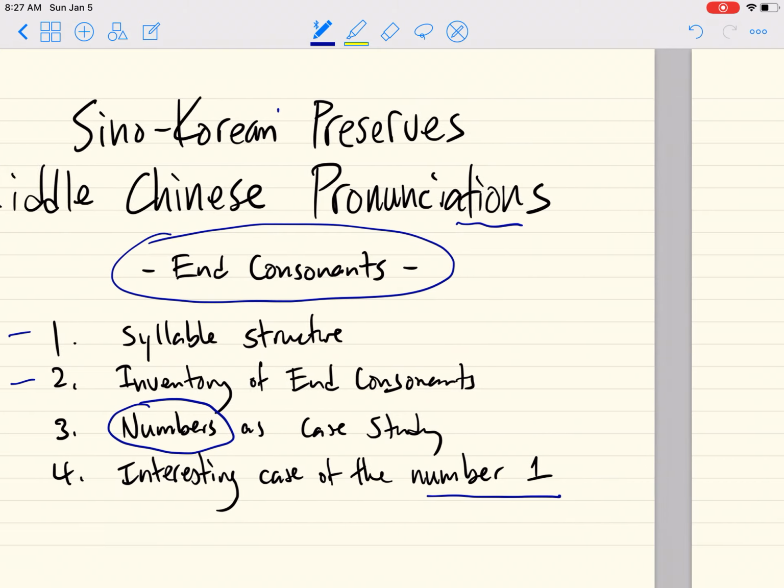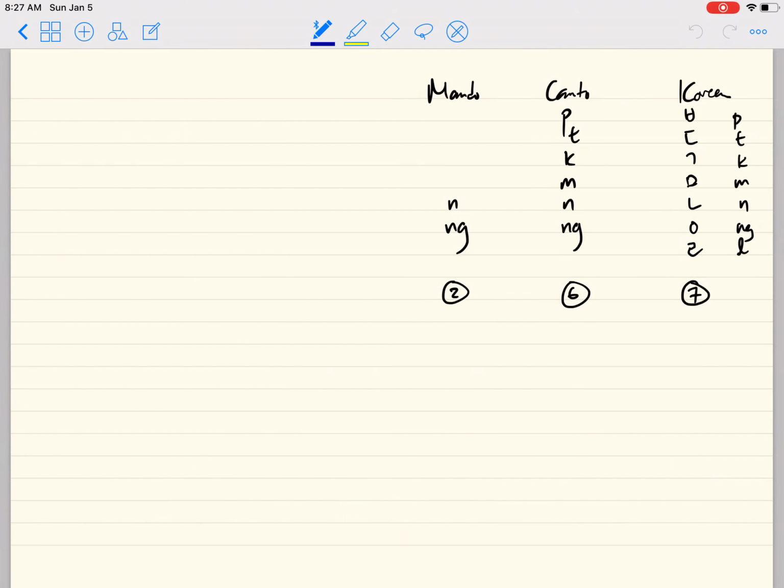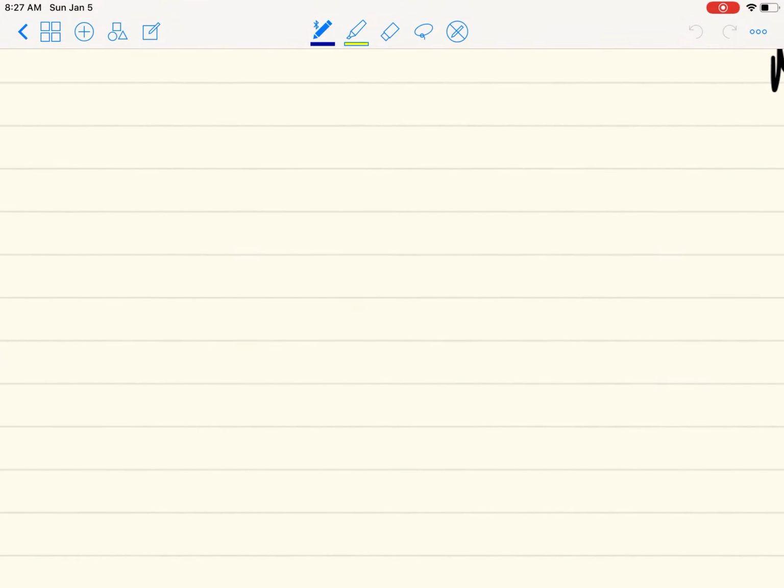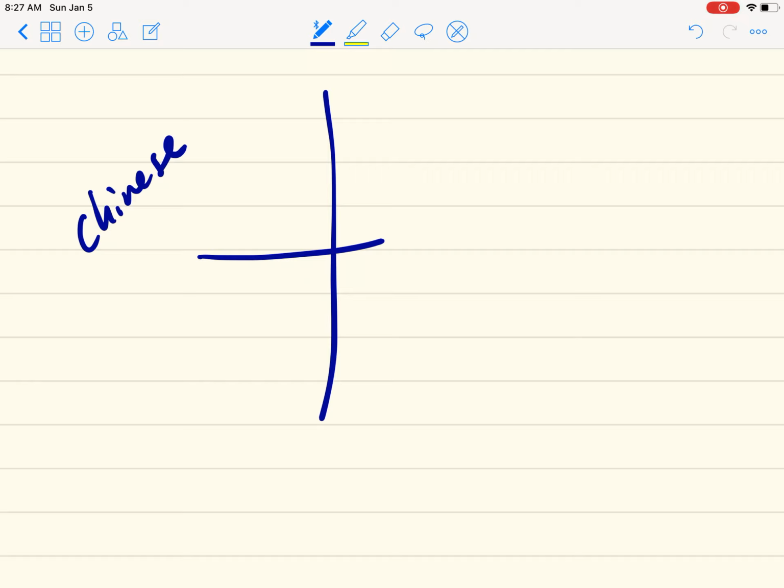So let's first look at the sound structures. And so first we'll look here and then we'll look at the inventory. And so for Korean, what ends up happening is you have Chinese sounds and it gets filtered through the Korean sound system, and as it gets filtered through, this is what you have called the Sino-Korean pronunciations.